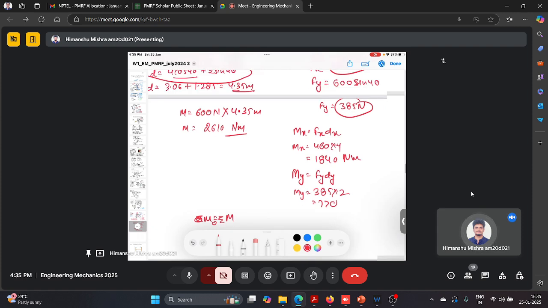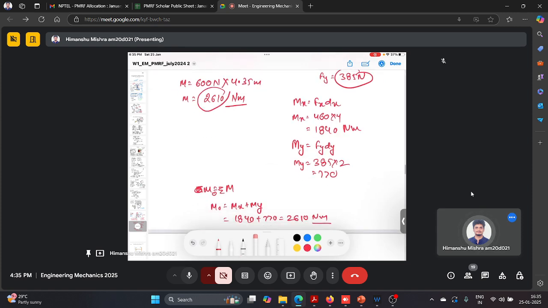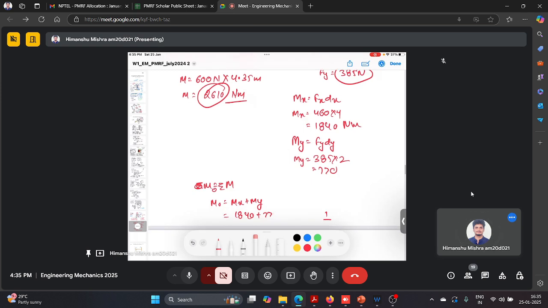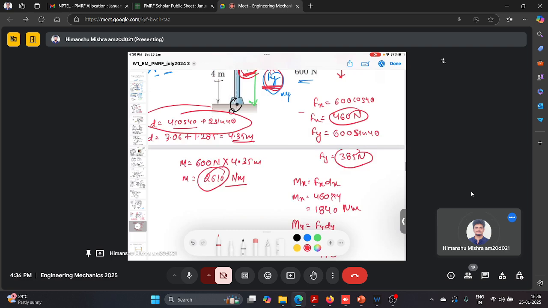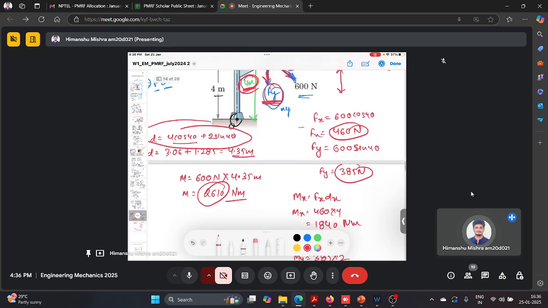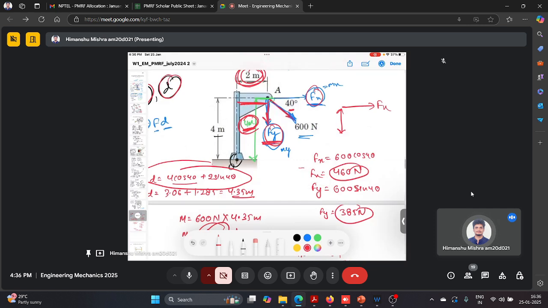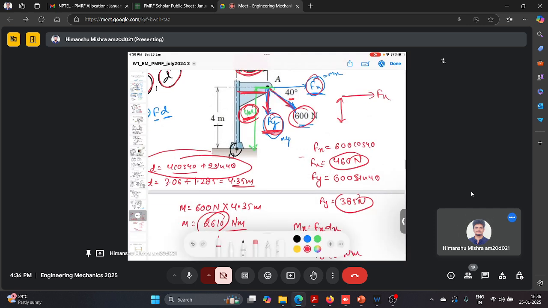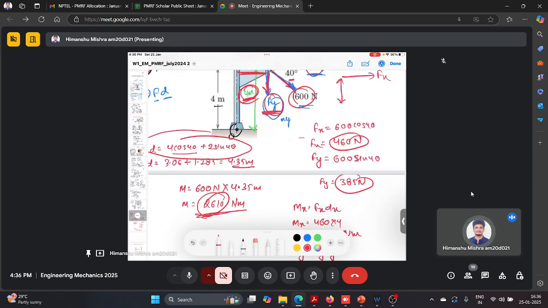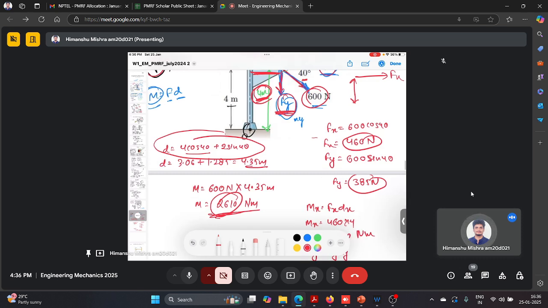So again we arrive at the same value, 2610. In the first method, we directly defined the perpendicular distance of the 600 Newton force, and we arrived at 2610 Newton meter. But we found that if we use trigonometry, the mathematics is quite involved.